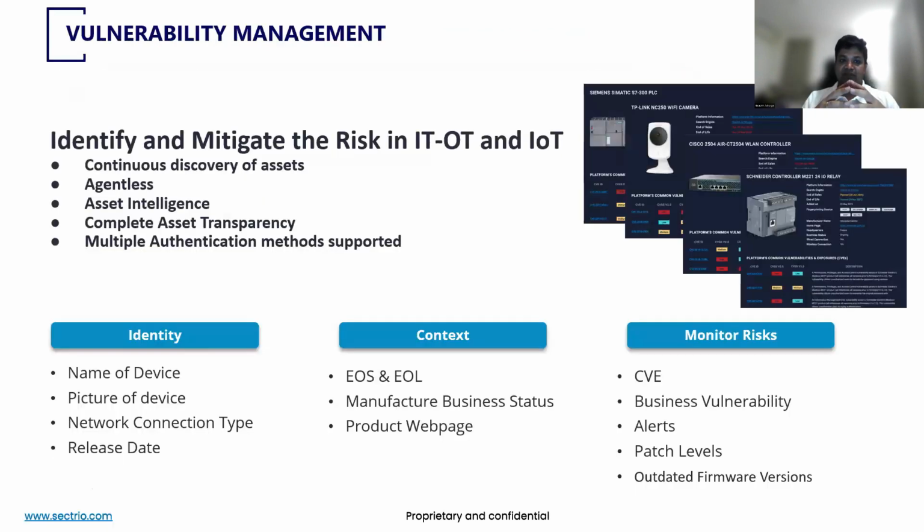So the vulnerability management module, like I said, identifies and mitigates the risk. It is continuously discovering new assets. So it does a baseline, and then it comes with all the asset intelligence, which gives you 100%, or if not 99.9%, asset transparency. We use both passive methods and, wherever it's allowed, smart probed, controlled active methods to find out what are the assets which are connected, and also baseline the network.